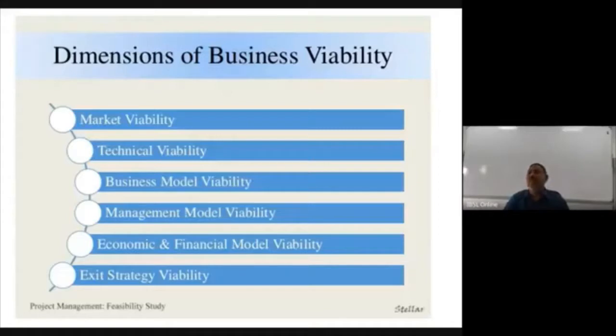Second, technical viability. Does the customer have the technical knowledge to do that project? Right? Now we are talking in general. We need to do a project report. What are the things to be looked into? The technical viability: the customer or the borrower has the required technical knowledge to do that.